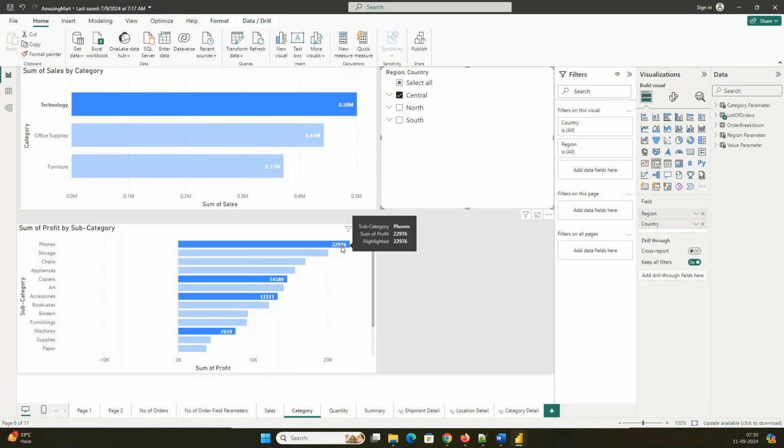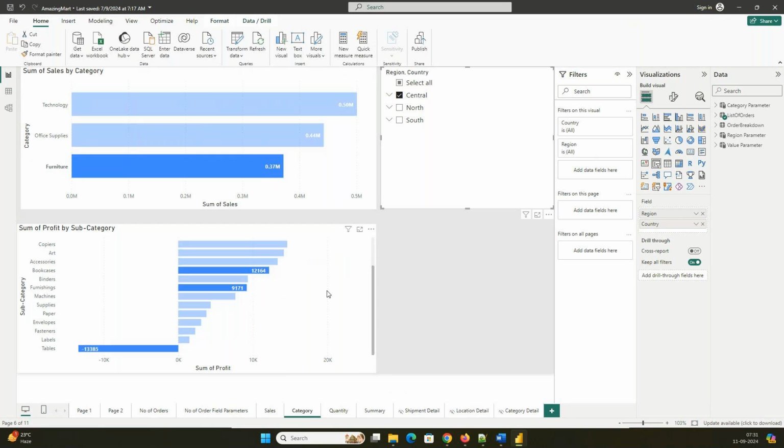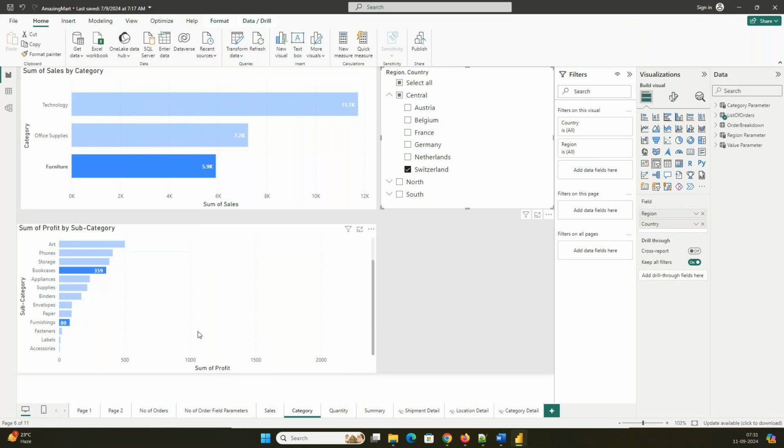So in a particular company, they will take all this detail at a summary level. Whoever is sitting at the top position in a particular region would like to see which product is being sold more or less. In furniture, under the central region, which countries are present? If I target only Switzerland, I'm not making a loss anywhere, but not making much profit either.